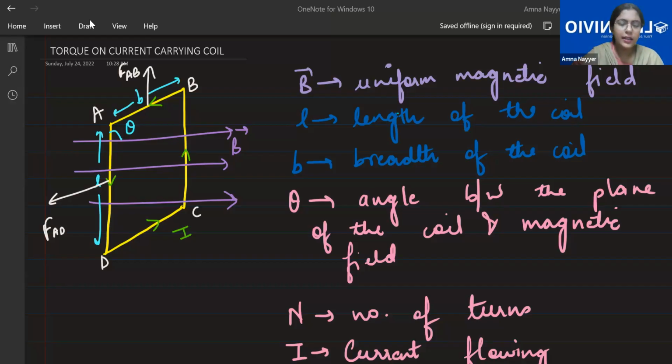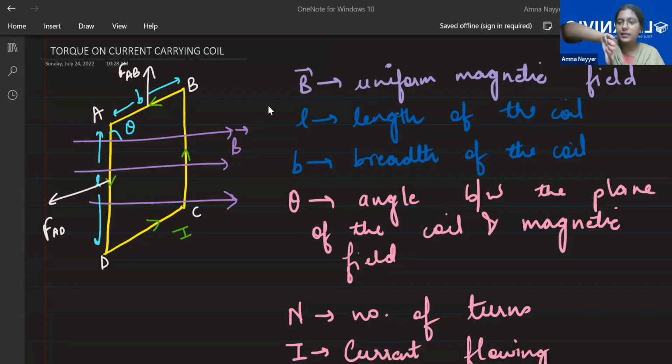No. See, current is going inside, so I put my hand inside. All of you do it right now. Current is inside, so I've put my hand inside. Now how do I curl it towards the right side? The magnetic field is towards the right side.